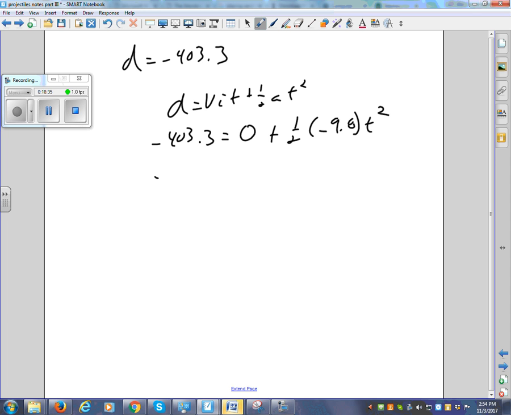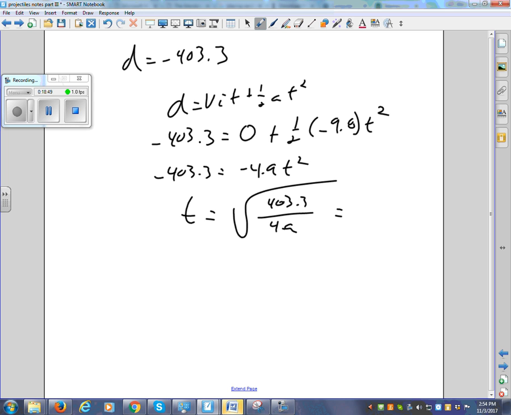So minus 403.3 equals minus 4.9 t squared. So t is the square root of 403.3 all over 4.9. So 403 divided by 4.9, and take the square root.